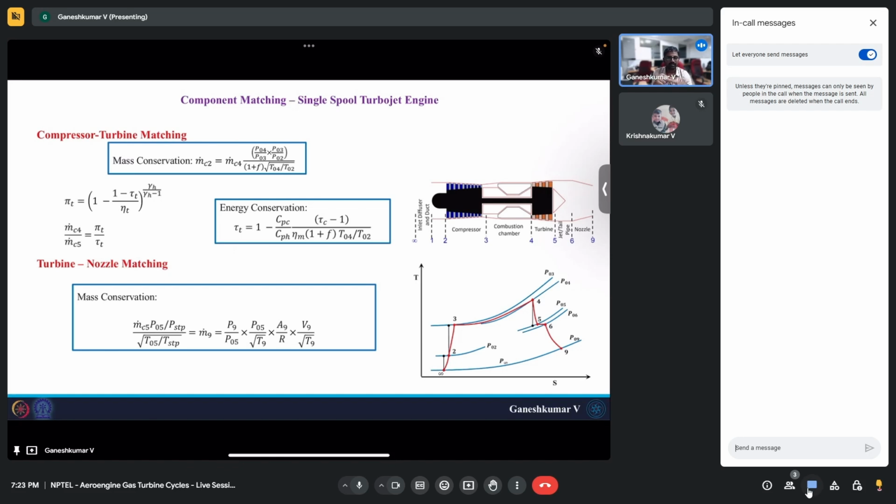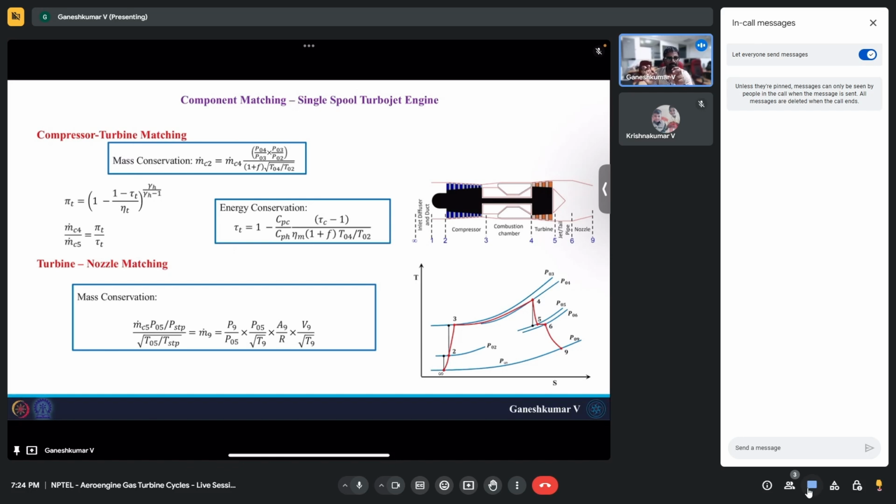And if the amount of work extracted at the turbine is less, the amount given to the compressor is less. And if the amount of work given to the compressor is less, the pressure ratio across the compressor will be less, which again affects the combustion chamber, and again it will be a negative feedback loop from the turbine. It also affects the inlet flow rate.